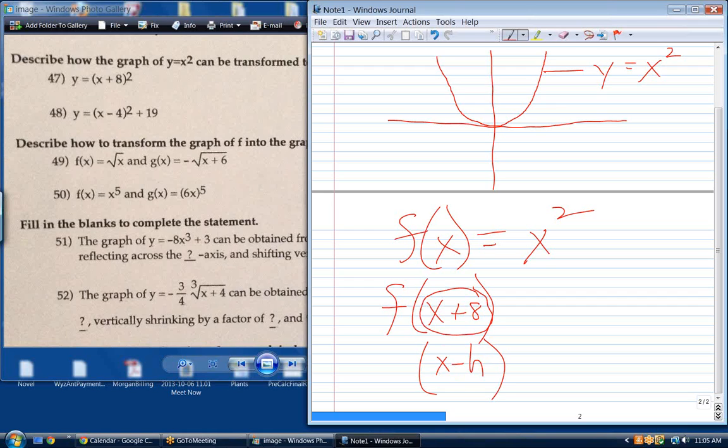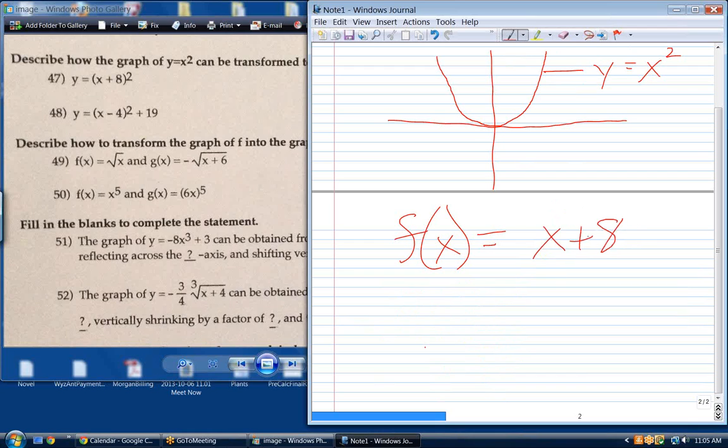Now let's say you forgot whether it's x minus h or x plus h. By looking at this function, what value is going to make y 0? Negative 8.